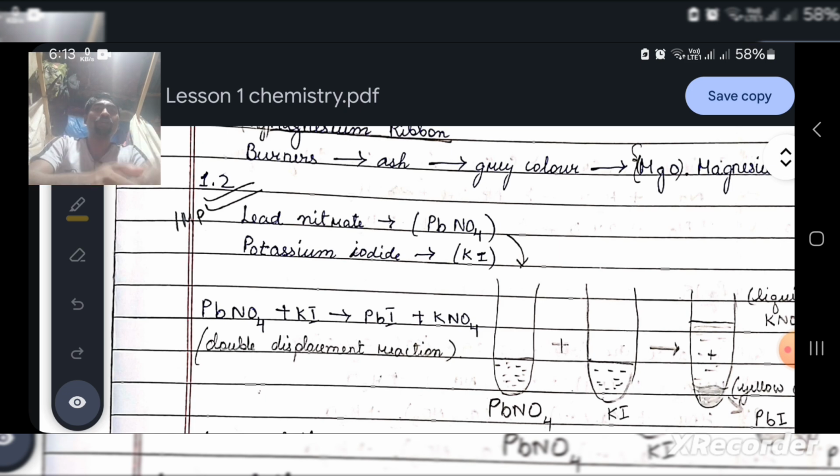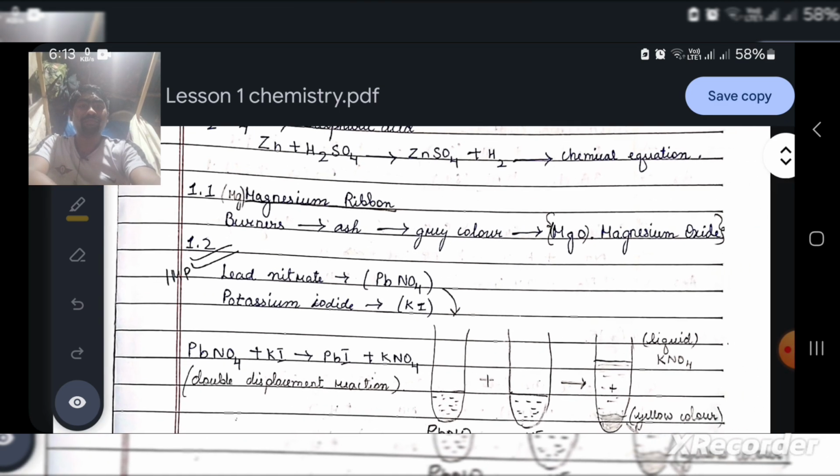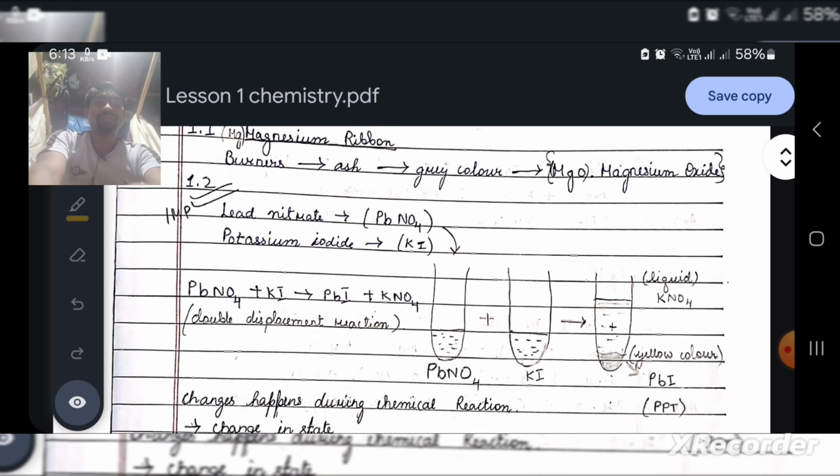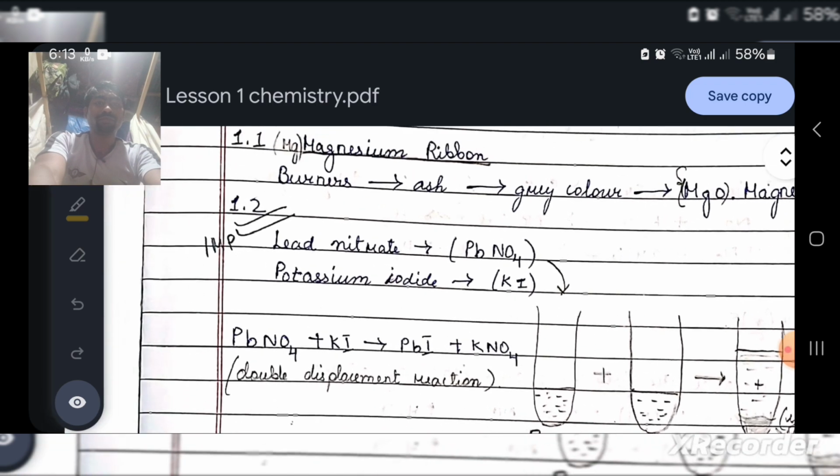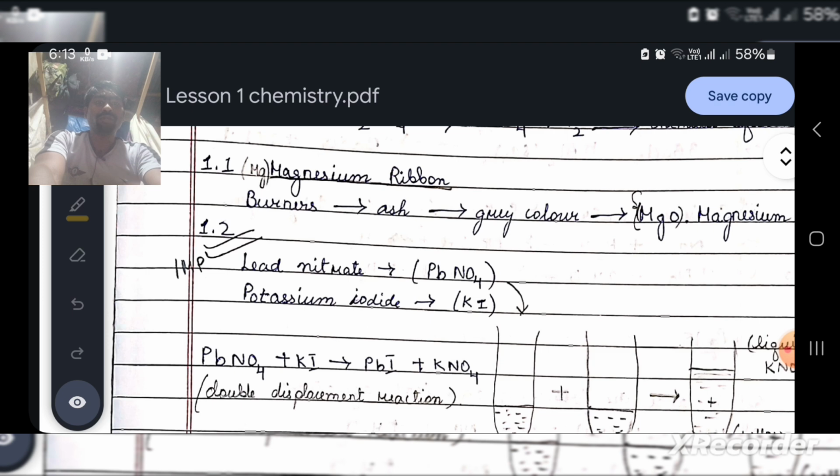Yes, I am also a Meghalayan teacher, a Meghalaya school teacher. So let's come to the topic now. It's 1.2. You can also go along with your textbook. That will be better to understand.